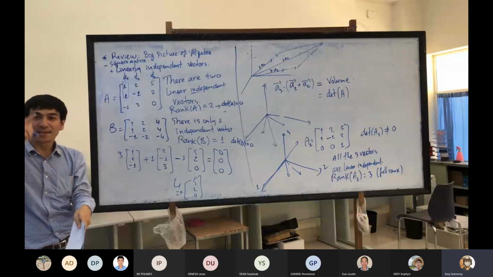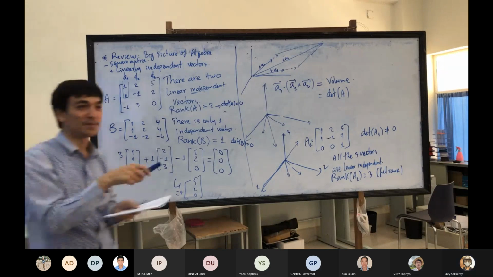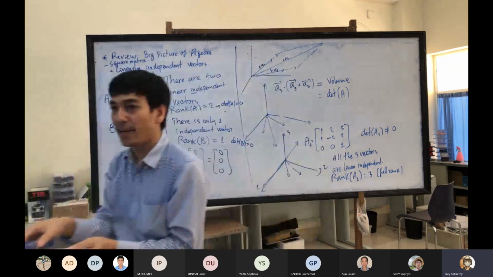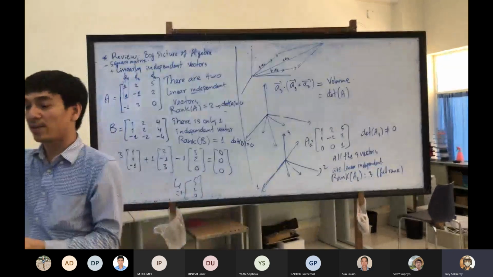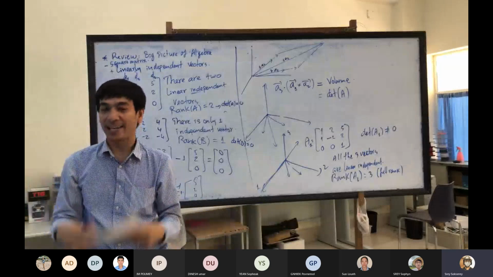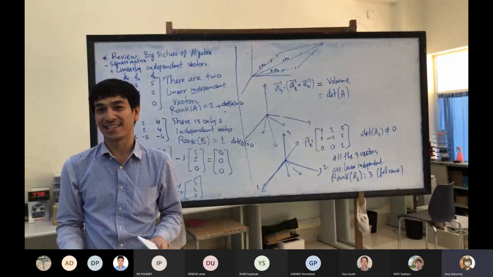If they are dependent, they stay on the same plane. But if one of them does not stay on the same plane, then it can form a volume, then it has full rank, and then the determinant is not zero. Easy to remember.